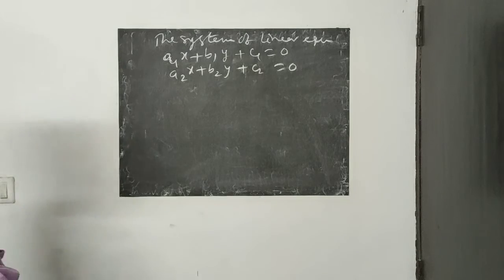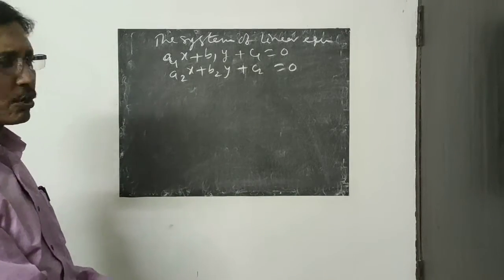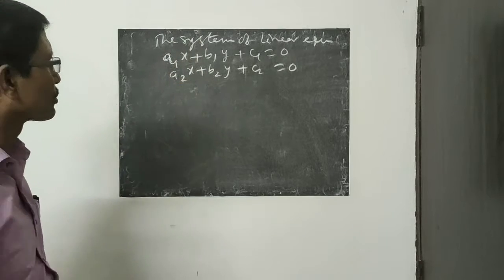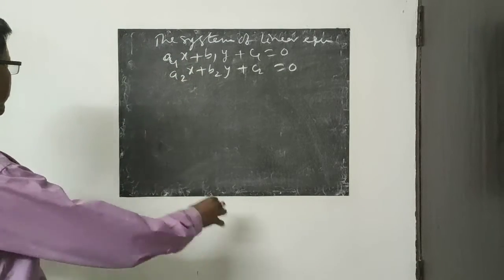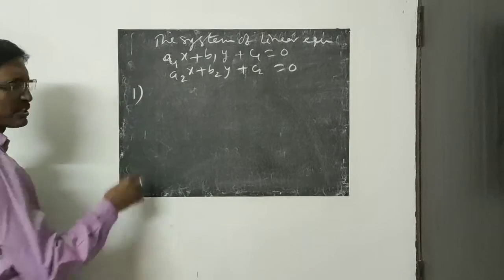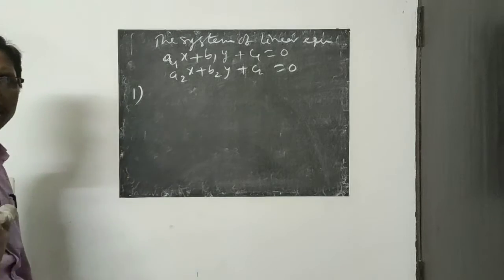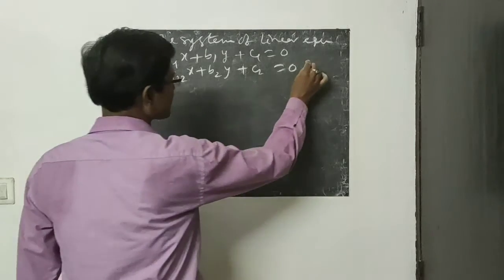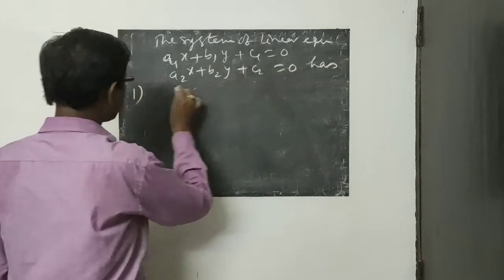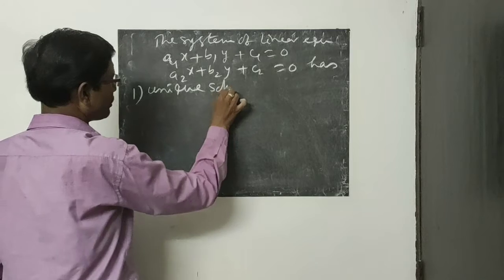Here a, b, c are constants, and a and b are not both 0. For these two equations, there are three cases: the unique solution, infinite solutions, and no solution.